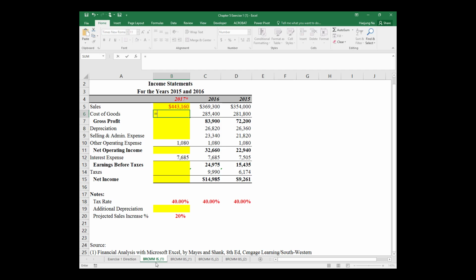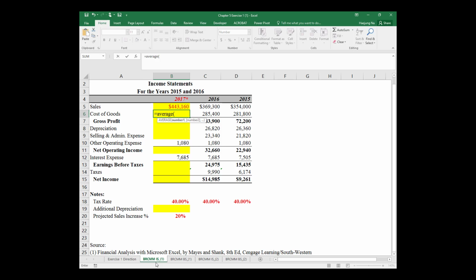Okay. So you will need an average, right? So you start the formula with equal sign, AVERAGE.